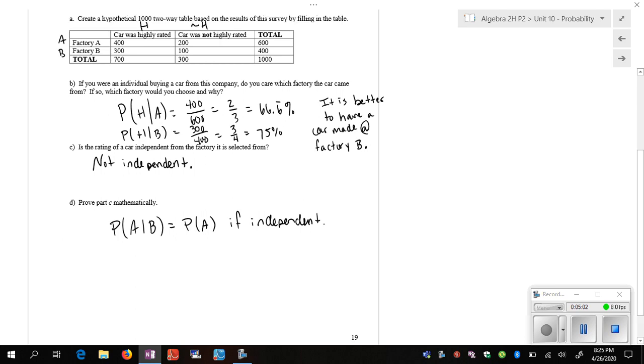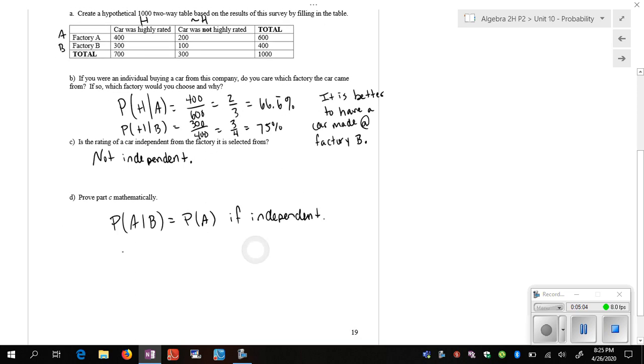So for ours, we are going to use the probability of H given B and see, does that equal the probability of H? So essentially we're asking, does applying the condition of being made at factory B affect whether a car is highly rated? And we already know that the answer is yes, it does.